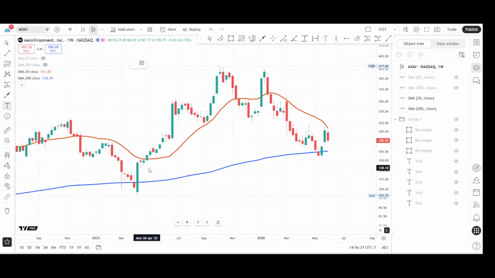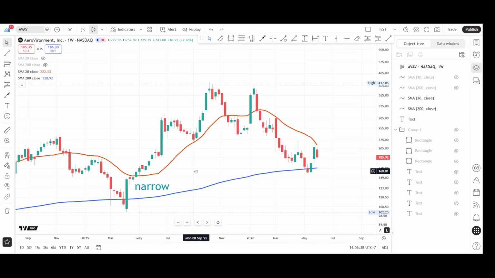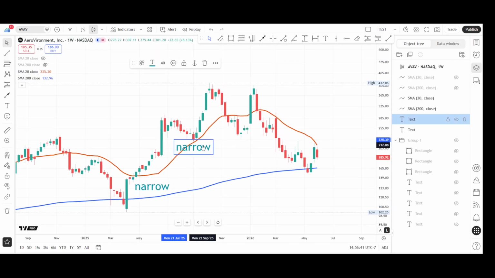So this would be considered the narrow state here. We have an entire video on that. Look at the other module that you just came out of. This is the trend state. And this is the wide state.